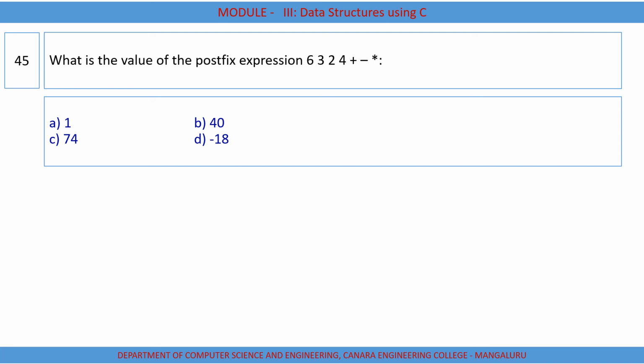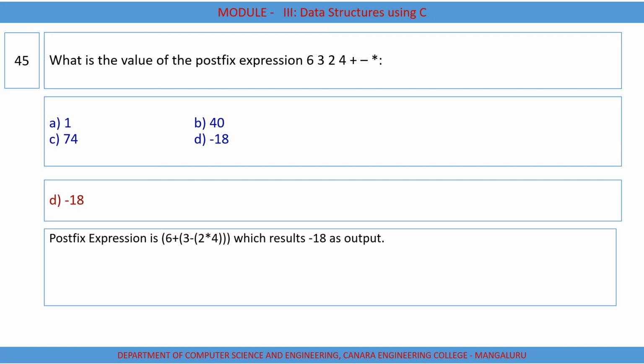So 2 plus 4 is 6, and push it into the stack. Now in the stack 6, 3, 6 will be there. When minus comes, 6 minus 3 is 3. Next the multiplication sign. So 6 times 3 is 18. That is, minus 18 is the right answer, the postfix expression which results in minus 18 as output.